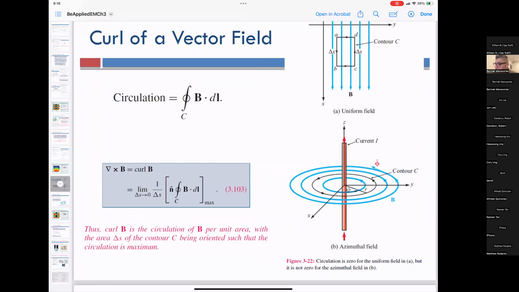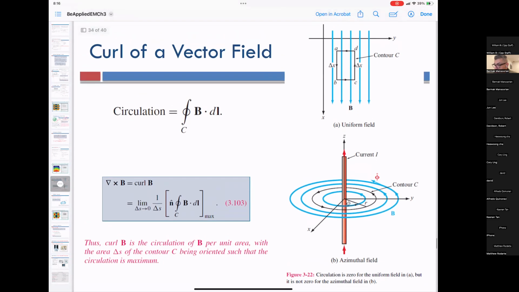And so, okay, we come now to the curl operation. The curl operation is something you do on a vector field, and you end up with a vector as the end result.